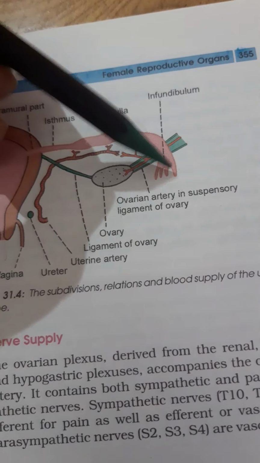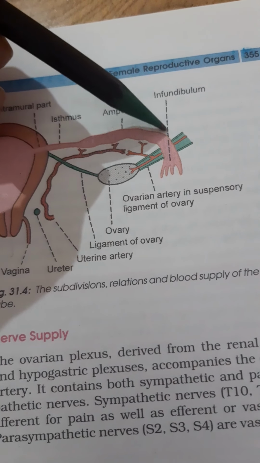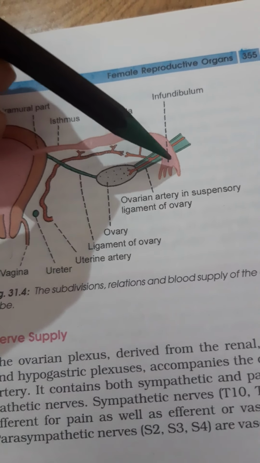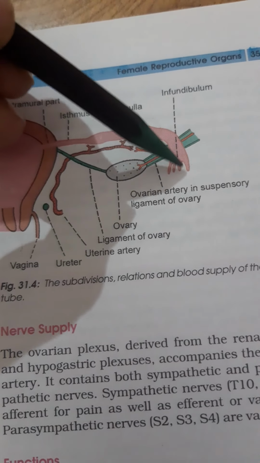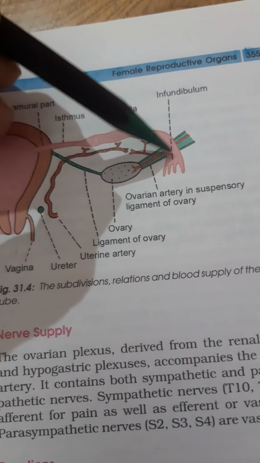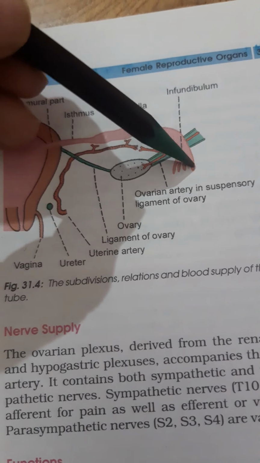Now you can see in this diagram, this is the infundibulum. These are the fimbria. This is the most lateral end of the fallopian tube. It is funnel shaped, that's why it is known as infundibulum. And these are the fimbria.